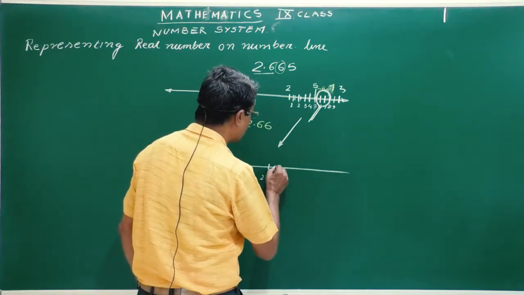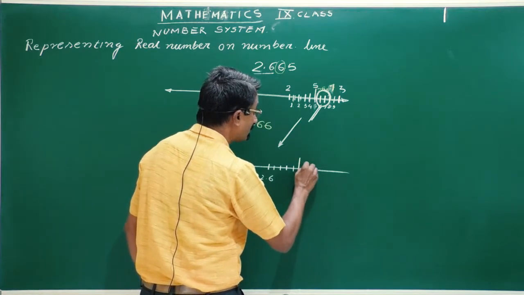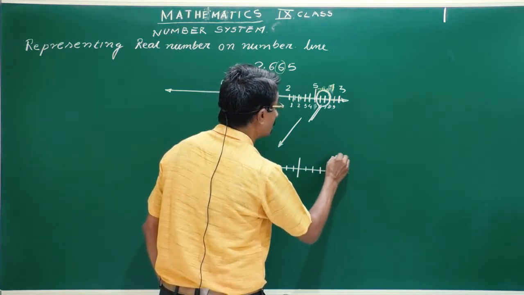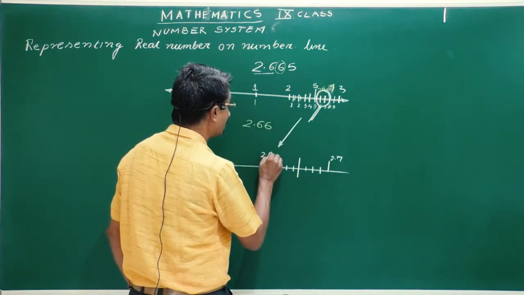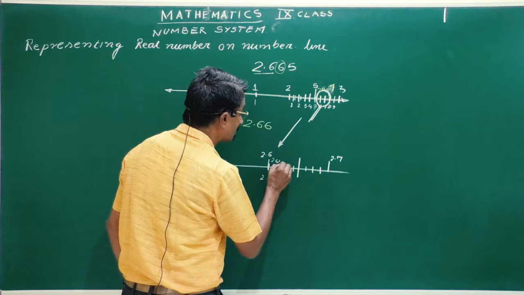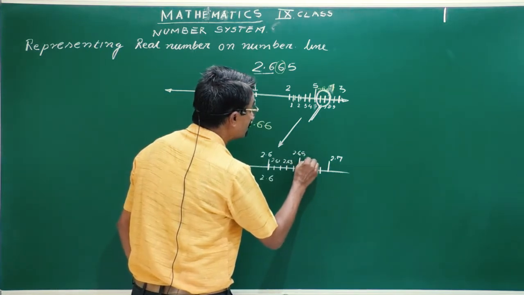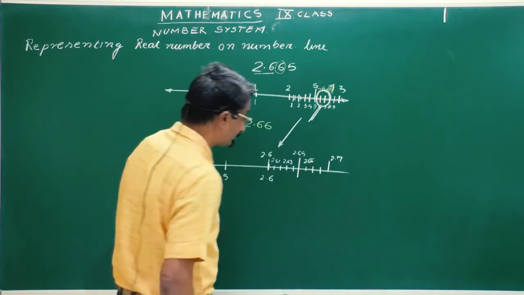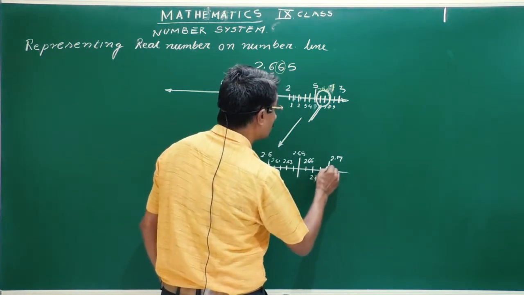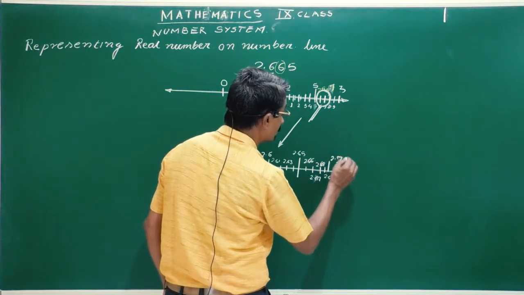So first of all I will mark the 10 parts: 2.61, 2.62, 2.63, 2.64, 2.65, 2.66, 2.67, 2.68, 2.69 and this is 2.7. What we need is 2.66.